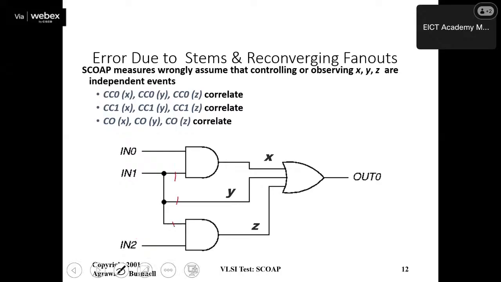In this particular case, observing and controlling X, Y, Z are actually dependent, especially on this input 1. So there is a correlation between X, Y, Z, all the events. Sometimes it can give you an erroneous output.